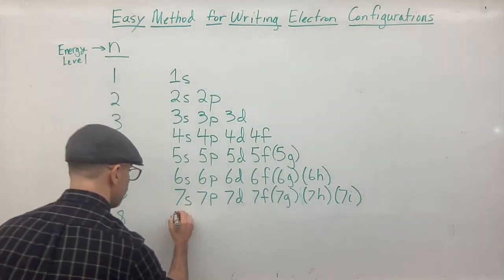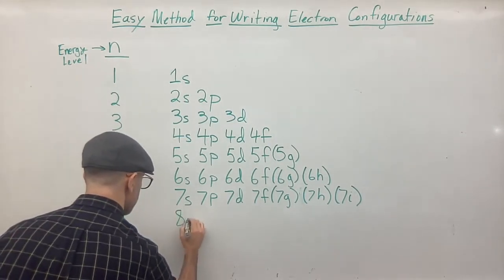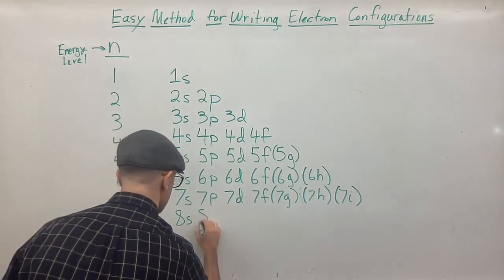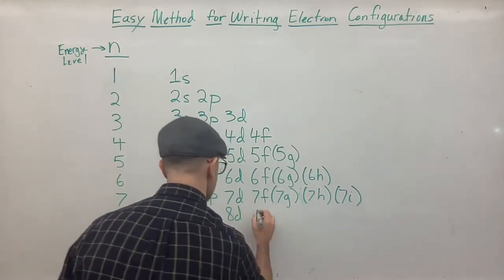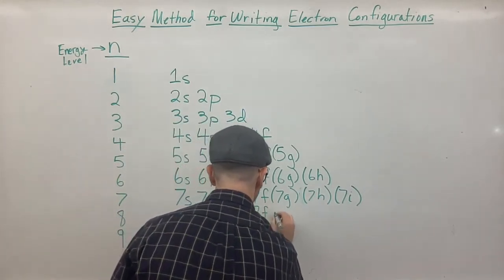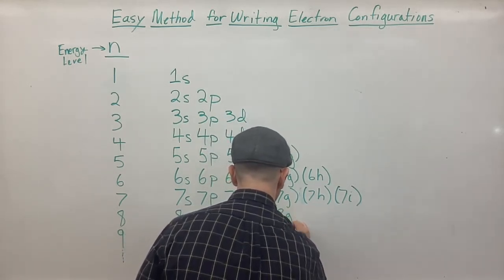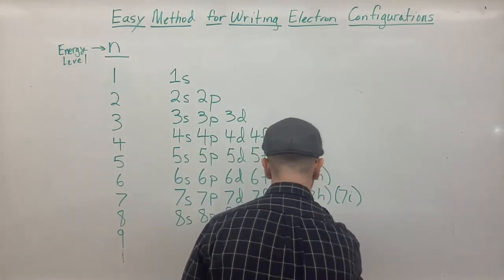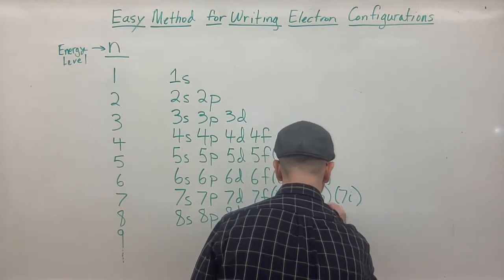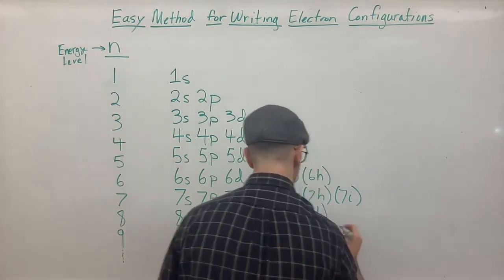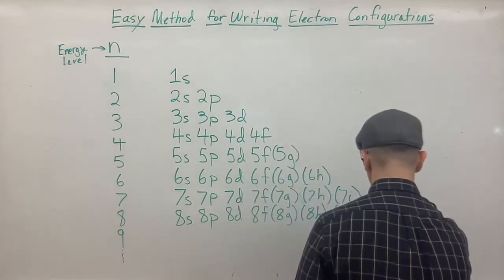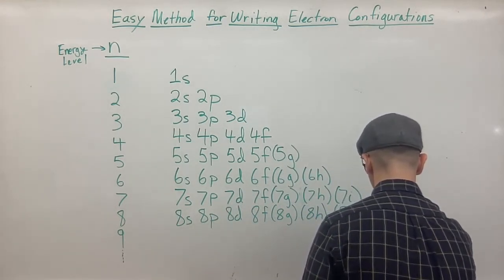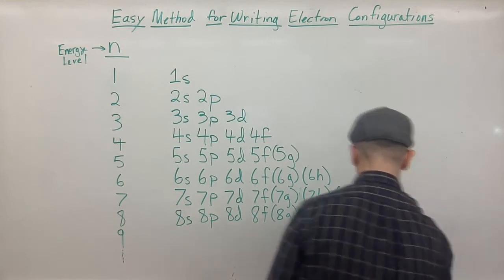So here we have 8S, 8P, 8D, 8F, 8G, 8H, 8I, and of course, after I is J, so 8J.